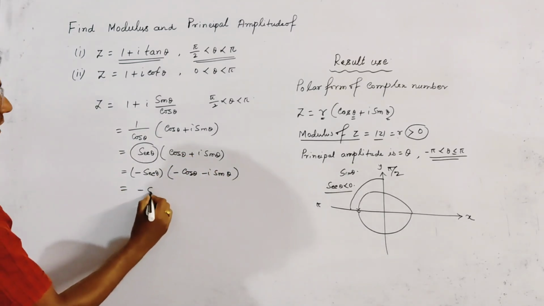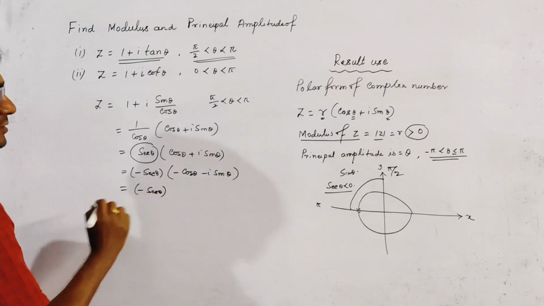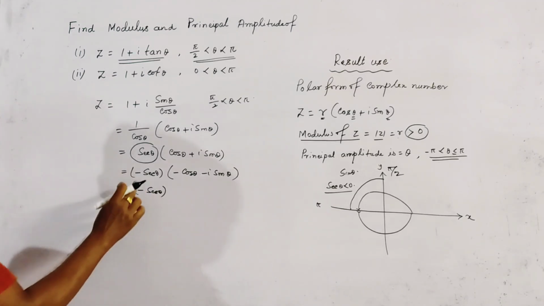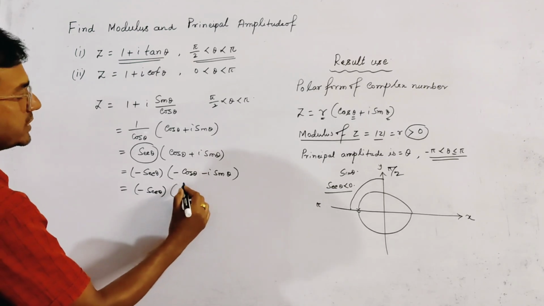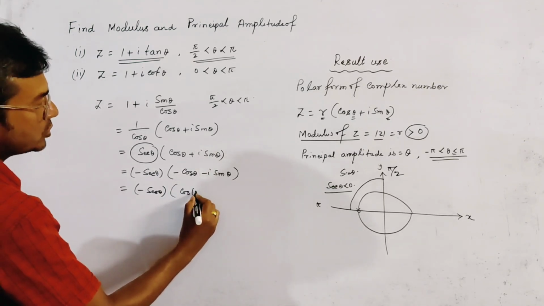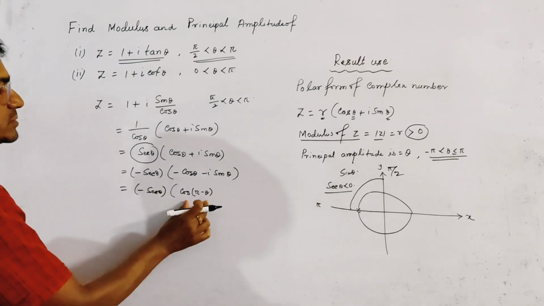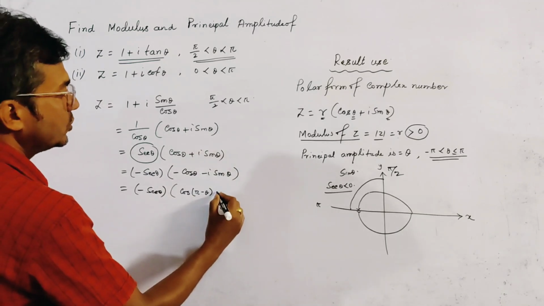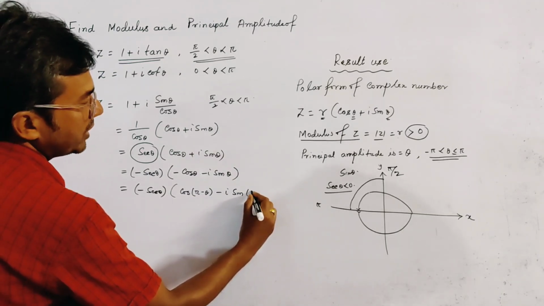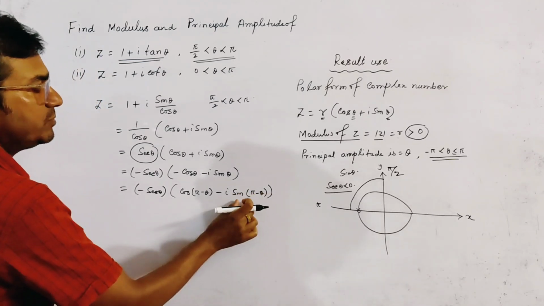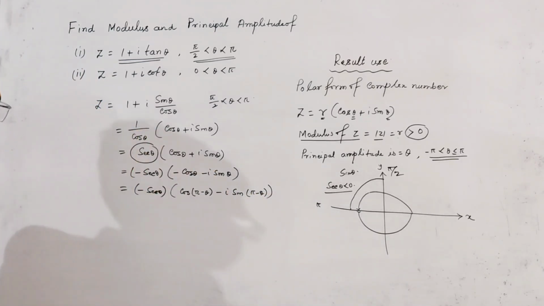Now minus sec theta is actually positive because sec theta is negative in this range, and we can write this result as cos of pi minus theta. This is minus cos theta, and here we write minus i sin of pi minus theta, because sin of pi minus theta is sin theta.